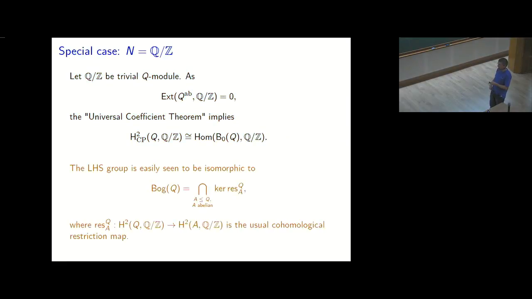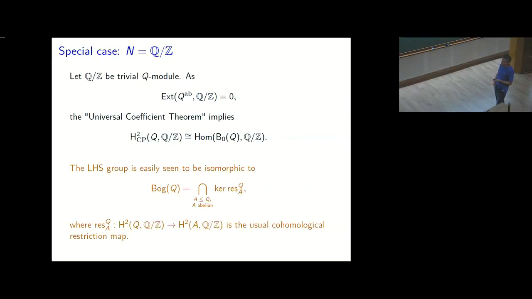And this is really easy to see that this is isomorphic to another group, which I call B0 of G. And this is the intersection of the kernels of restrictions. So you have a restriction map which goes from this cohomology to this cohomology, which is simply, you take a cocycle and you restrict it to a subgroup, okay?